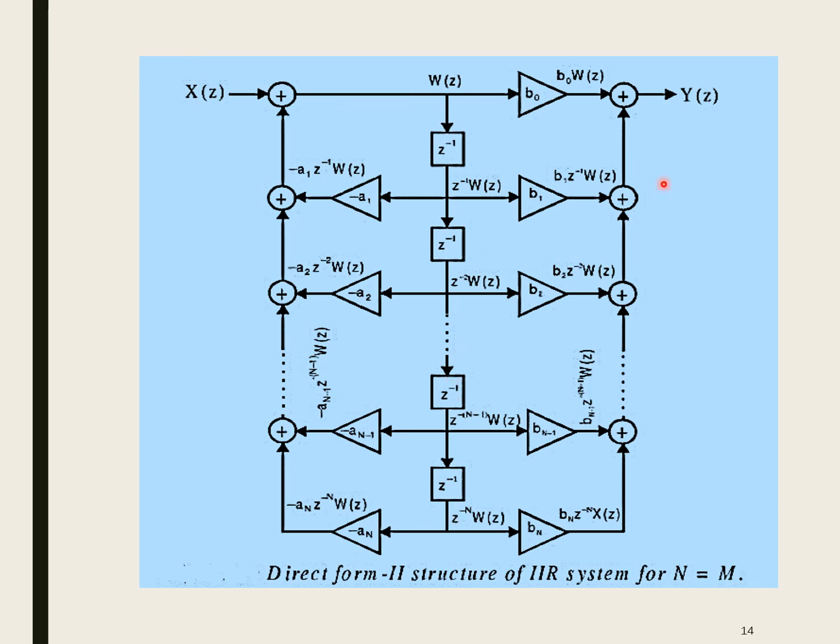So we are now creating multipliers for the other end, that is y of z divided by w of z. So the next half of the equation, we are considering w. You hide this portion and look at the system: input will become w of z and the output will become y of z. So here we have already written the equation. Next half, y of z is in terms of w of z.